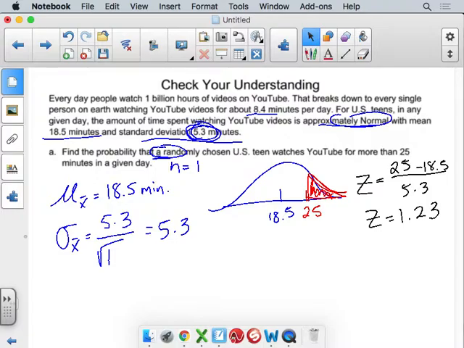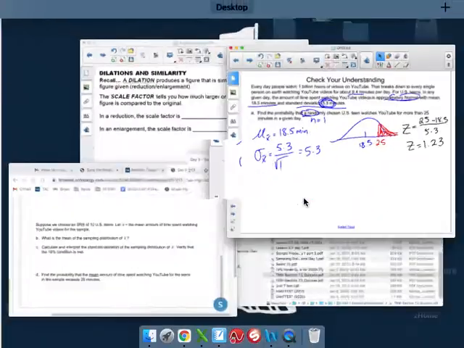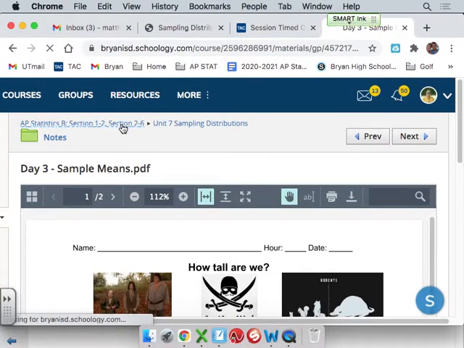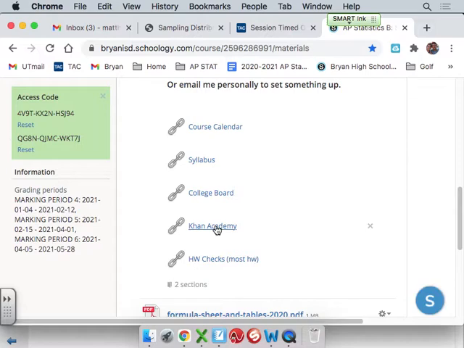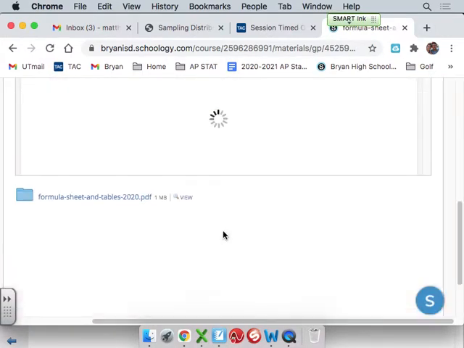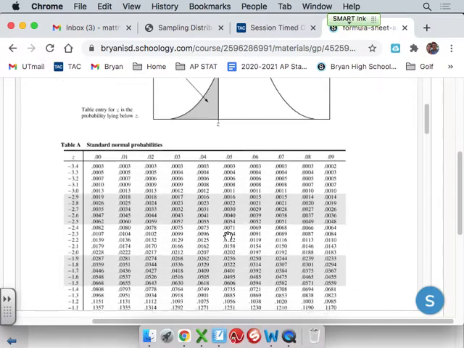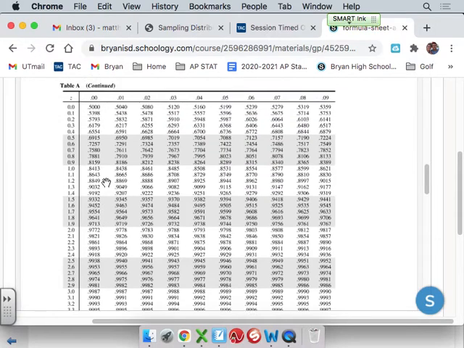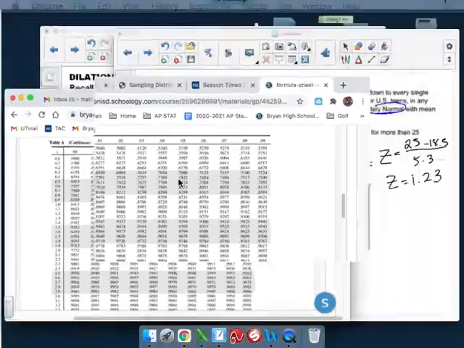Maybe I'll just go back. So you look at your z-table, somewhere on the formula sheet. Okay. Look at the z-score of positive 1.23: 0.8907.